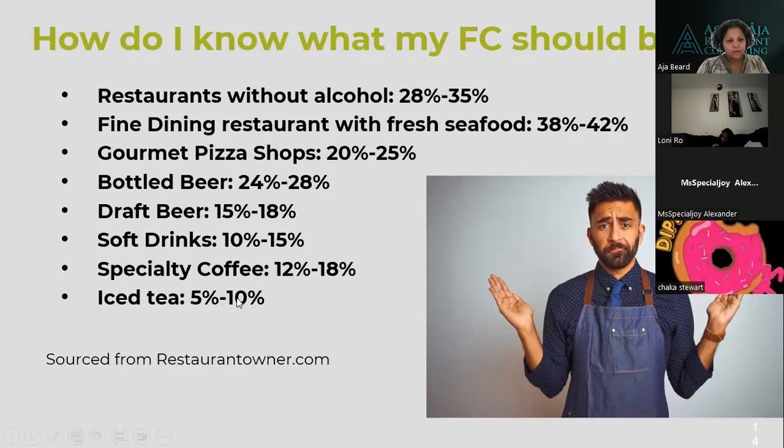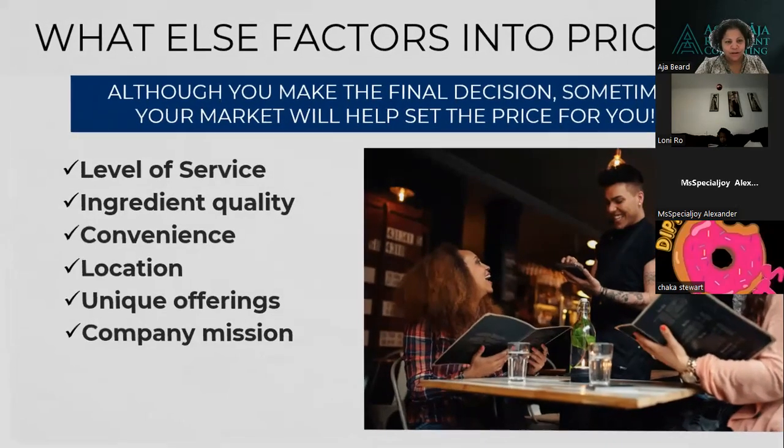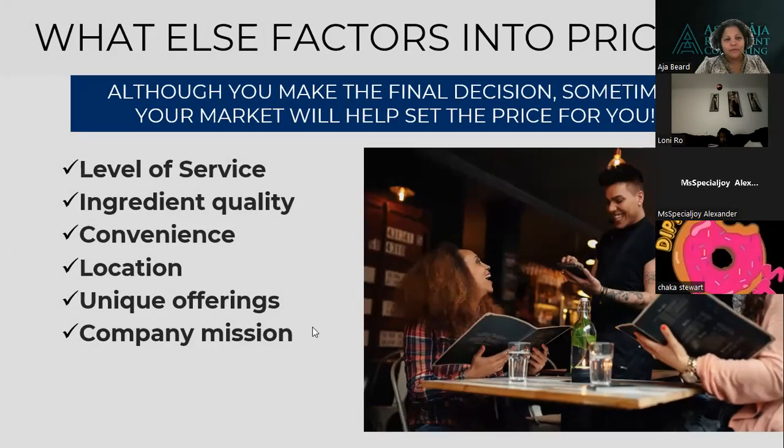One other thing too, before you finalize your costs, you want to think about what are some things that you should consider with your pricing? You have a final decision, but sometimes there's things that can help improve what that price should be. Maybe you have an idea of selling it for 12, but if every single vendor that has a similar item is selling it for 12, but yours is better, maybe you can be at 13, 14, maybe even 15.